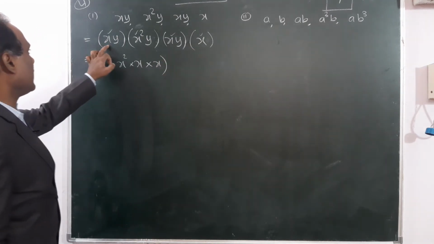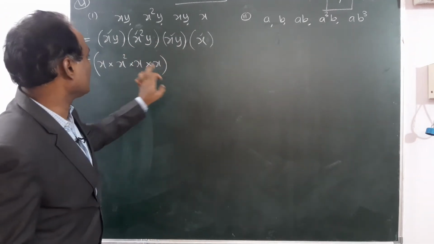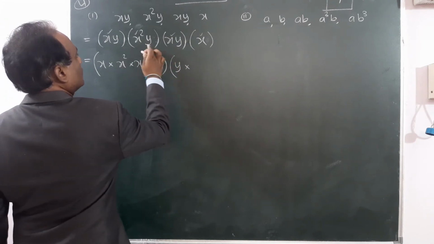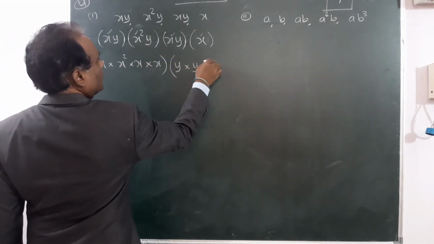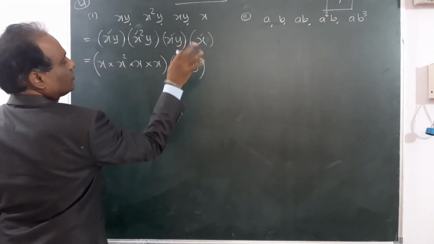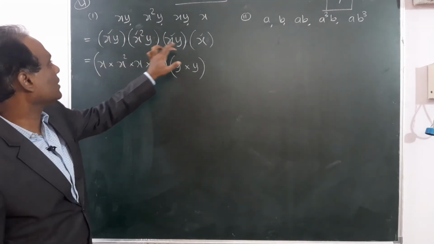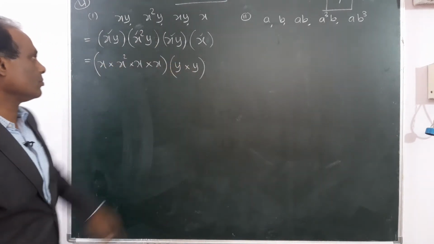All y's: y, y, that's all. No constants, no other terms, only x terms and y terms. All x factors in the first bracket, y factors in the second bracket.